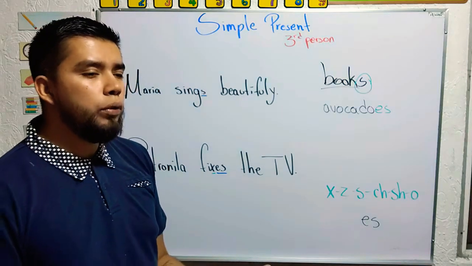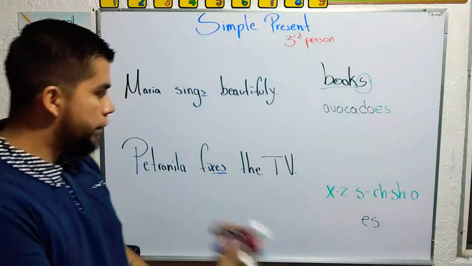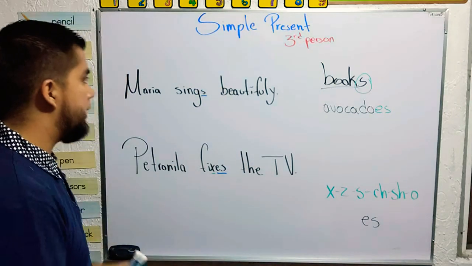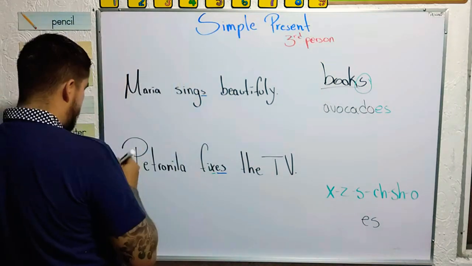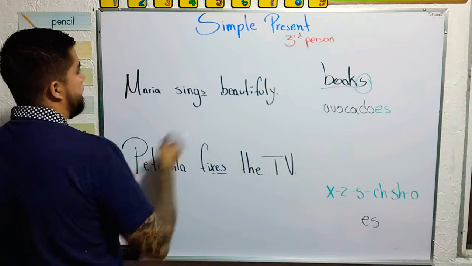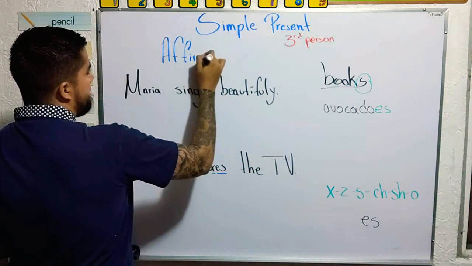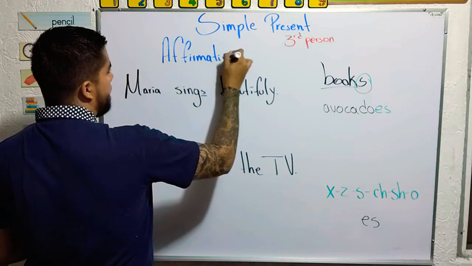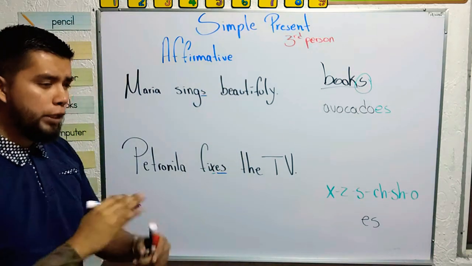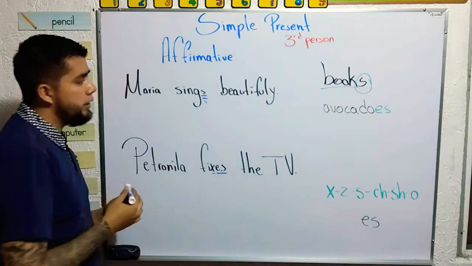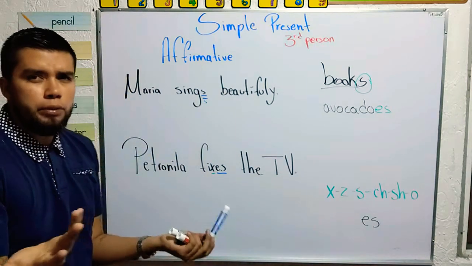Now the same rule is going to happen. We're going to apply it in simple present, third person. Remember that in affirmative form, we normally use one extra s in the third person. Do you remember the third person?